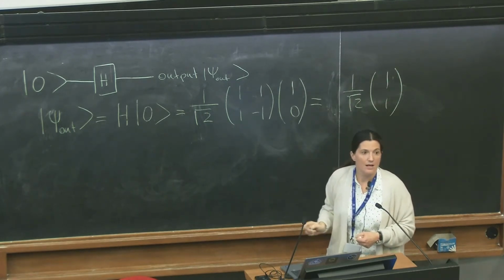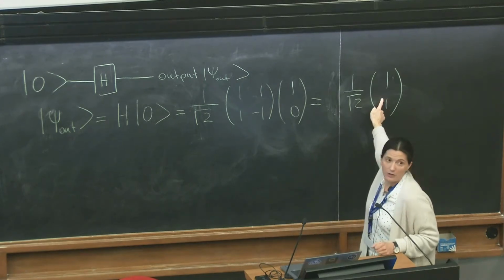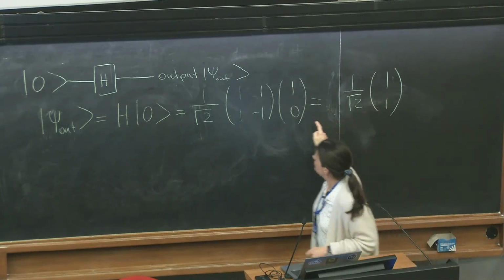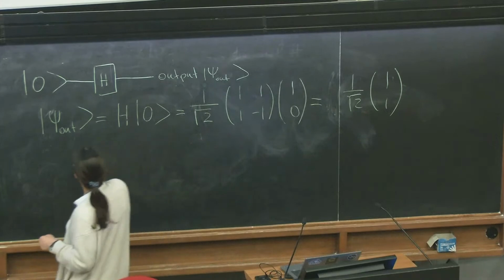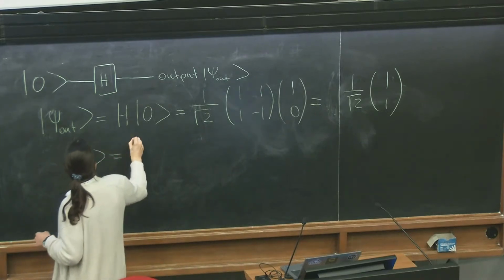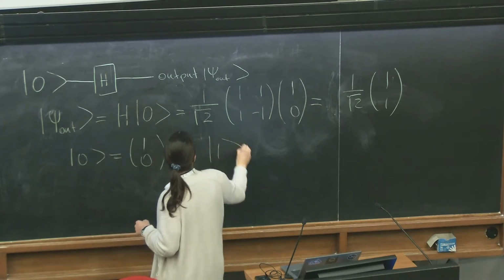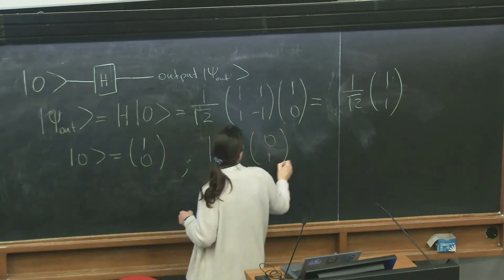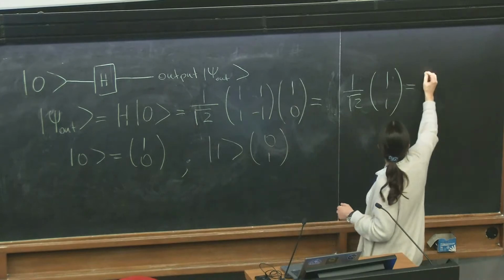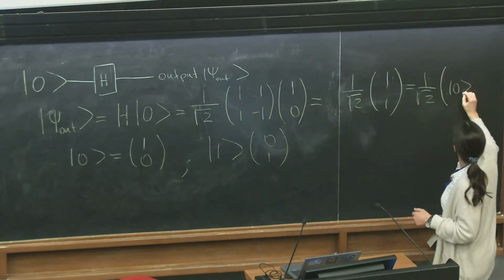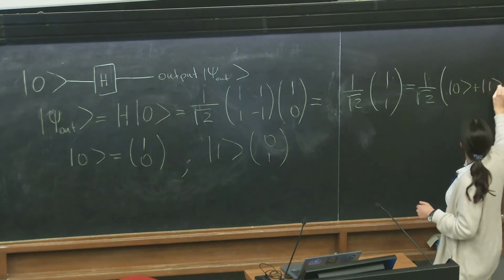Again, remember, this is your Dirac notation. So remember that your 0 was your 1, 0, and your 1 was your 0, 1. So now you can rewrite this as 1/√2 of 0 plus 1.